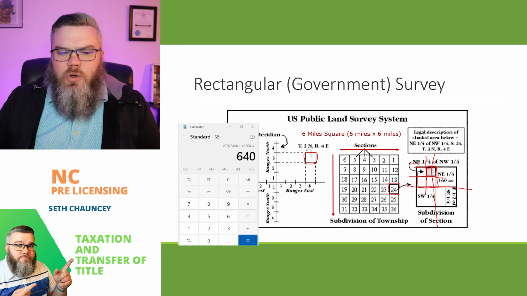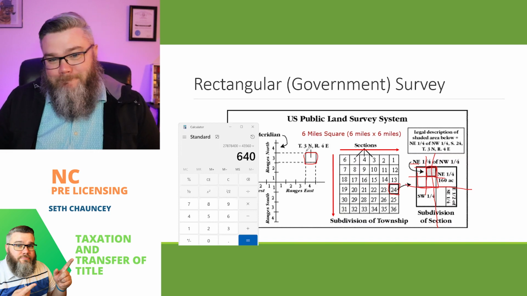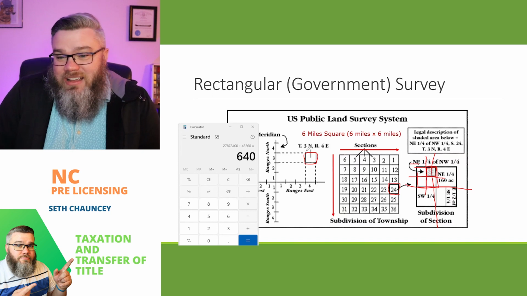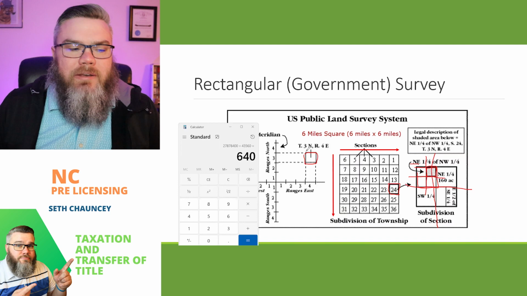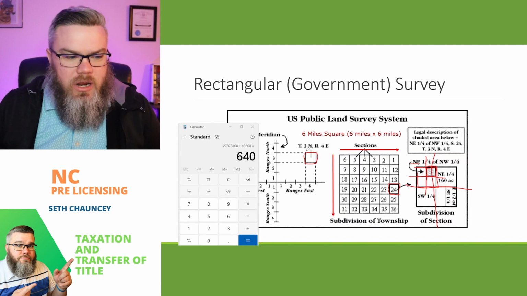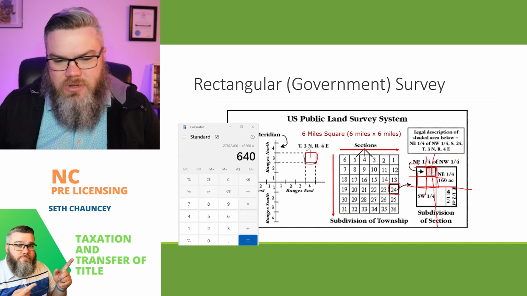As I said, you can thank Thomas Jefferson or the Mormons if you want to believe that they did. I don't know. Thank somebody. I mean, it looks cool when you're flying. But here's the good news, folks. If you get your license in North Carolina and you never do real estate in another state, you will never have to worry about this in your entire life.